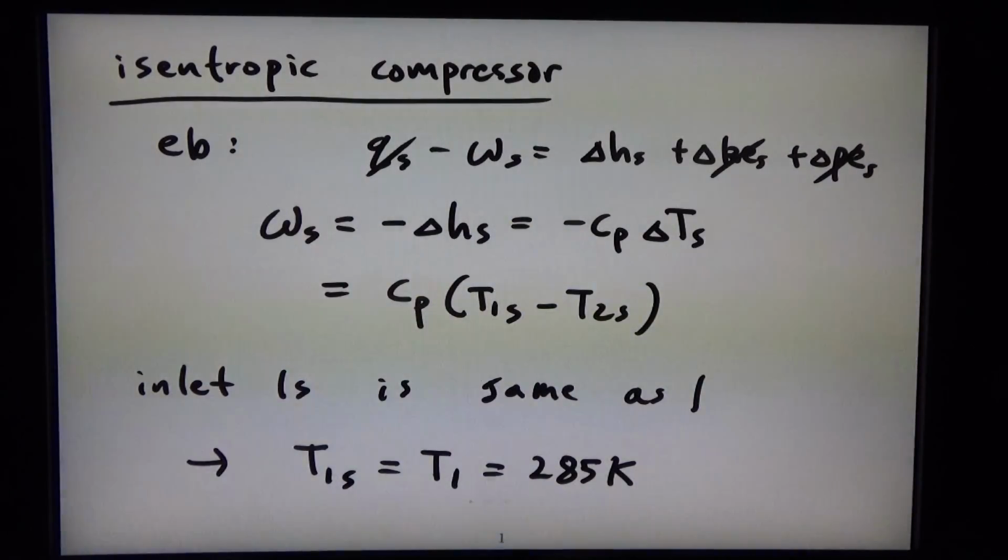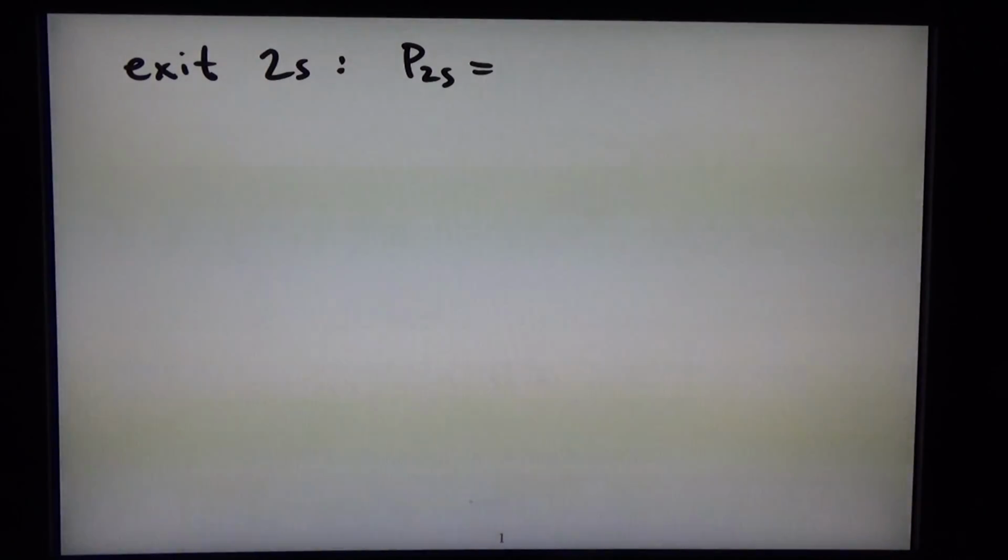Now we have to look at state 2S. For state 2S, which is the exit condition, we know that the pressure P2S is the same as P2, and we know S2S is equal to S1.